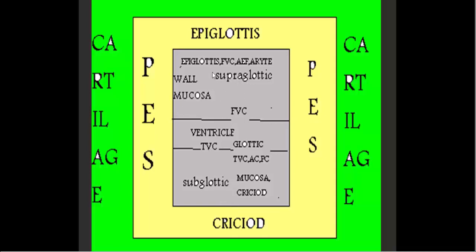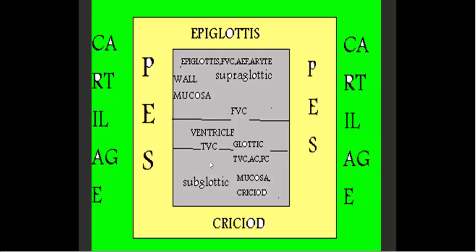Supraglottic space, the supraglottic area containing the epiglottis, false vocal cord, ariepiglottic fold, and arytenoid cartilage. Glottic space, the glottic area containing the laryngeal ventricles and true vocal cord.